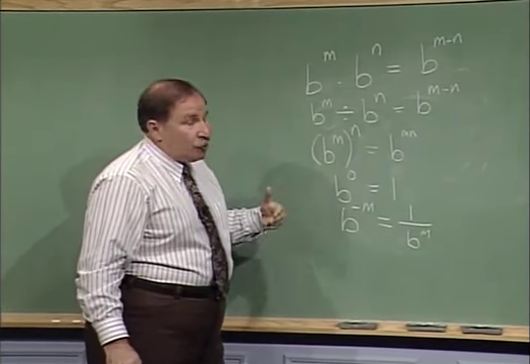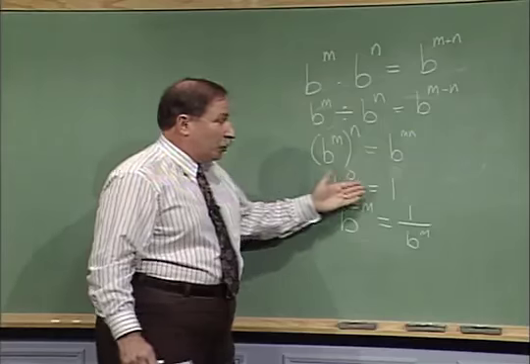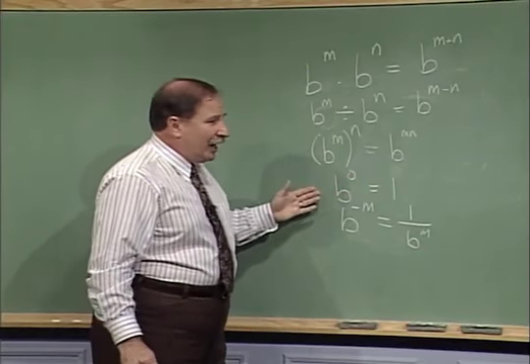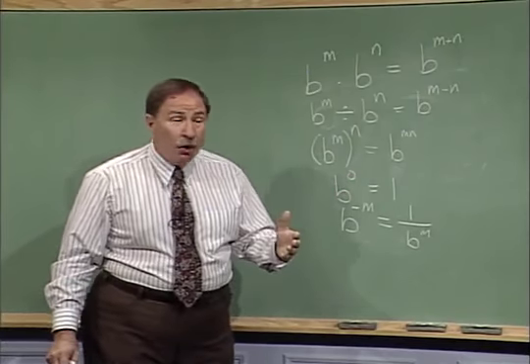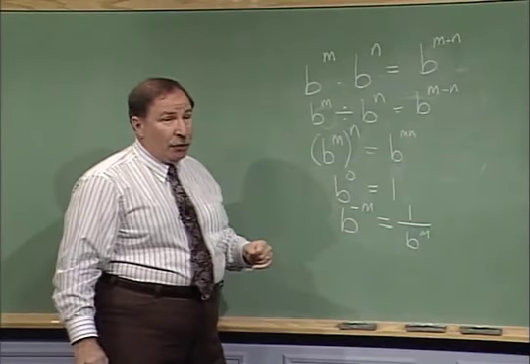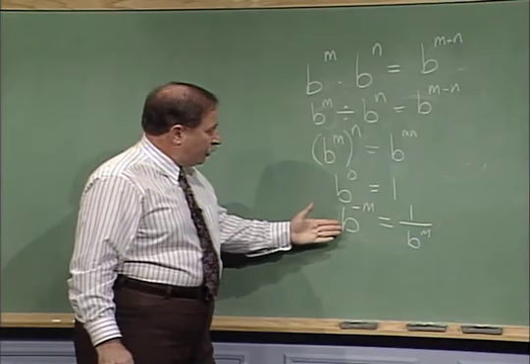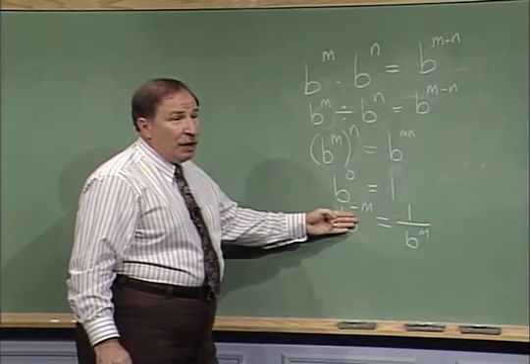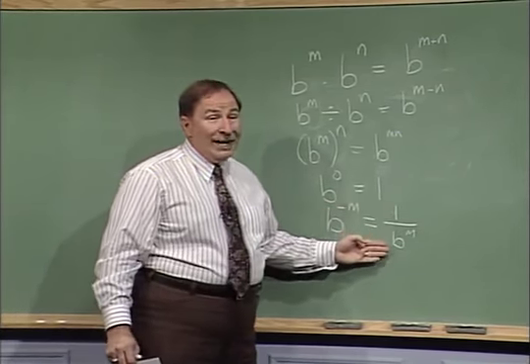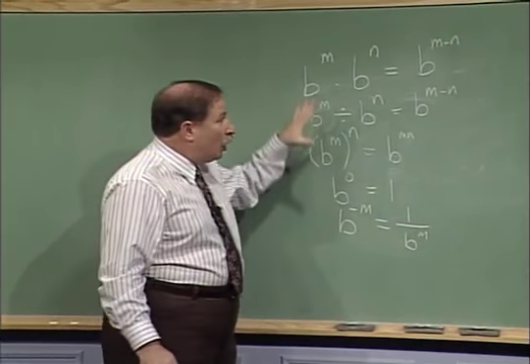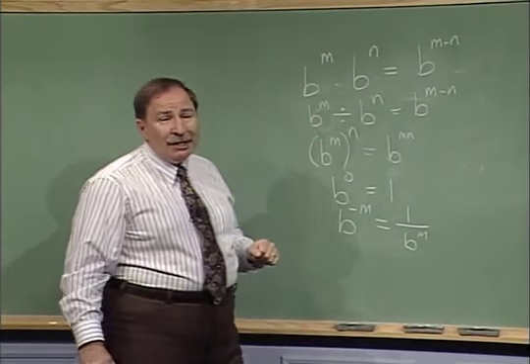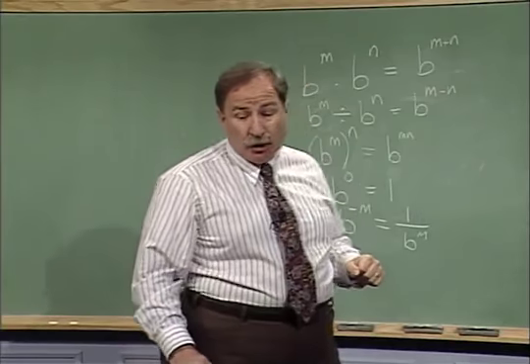Anything, well, 17.38 to the 0 power is 1. As I like to say, your social security number or telephone number to the 0 power is 1, because anything to the 0 power is 1. And for example, 8 to the negative 2 power is 1 over 8 squared. Okay, so that's a quick review of some ideas about using exponential notation.